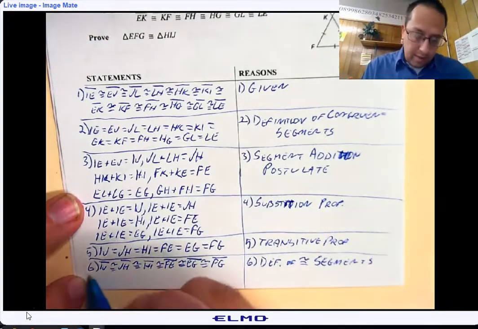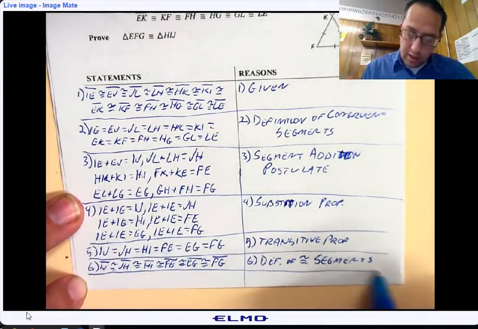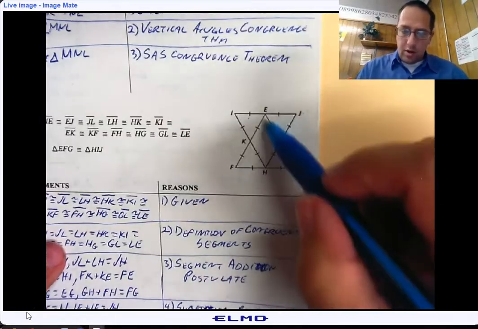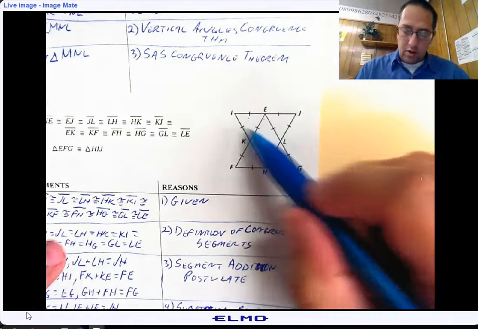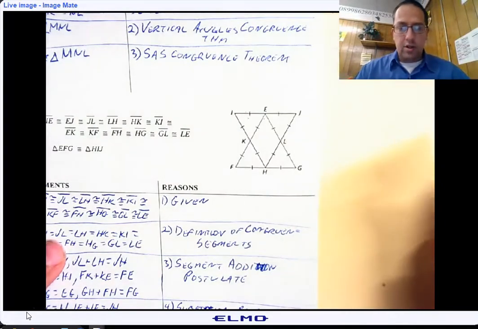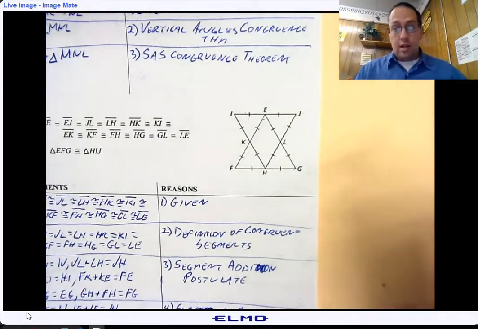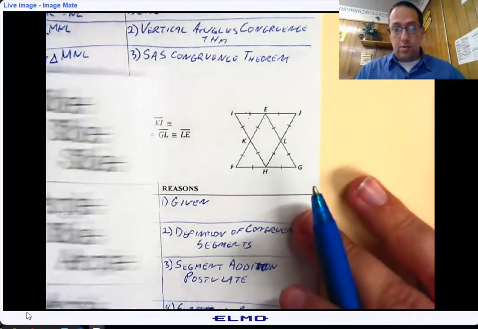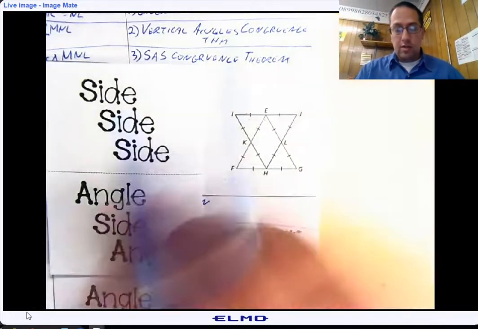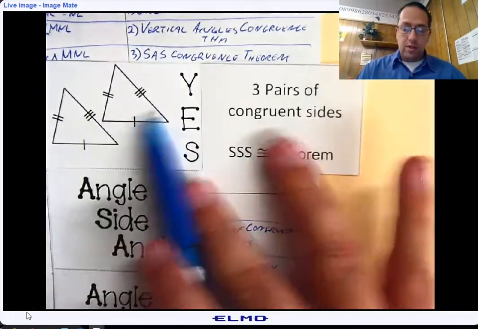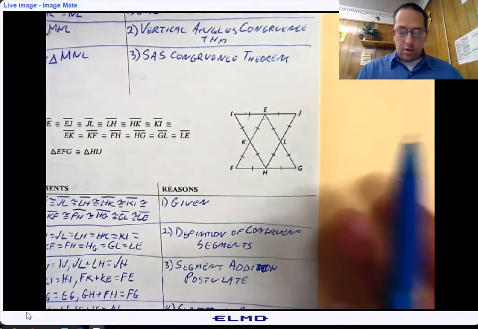Okay, so now let's take a look at our triangles again. We have said that all three sides of this triangle are congruent to all three sides of that triangle. And that means we can use side, side, side. All right, that's one of our theorems. Side, side, side congruence theorem.